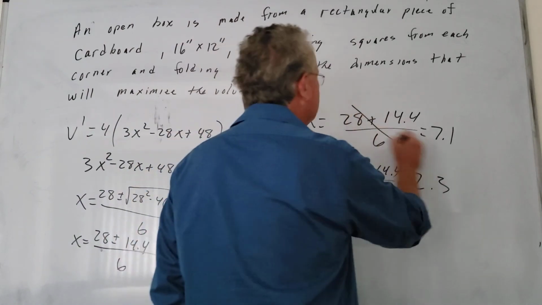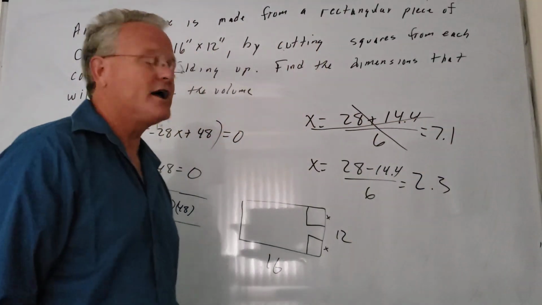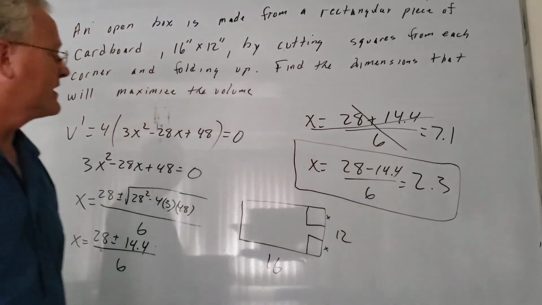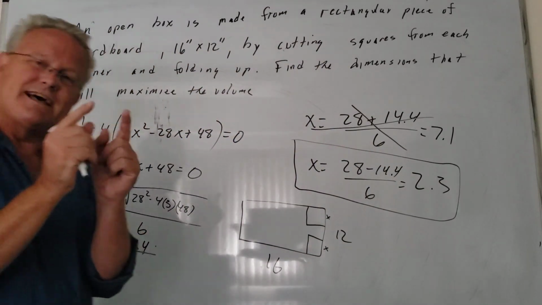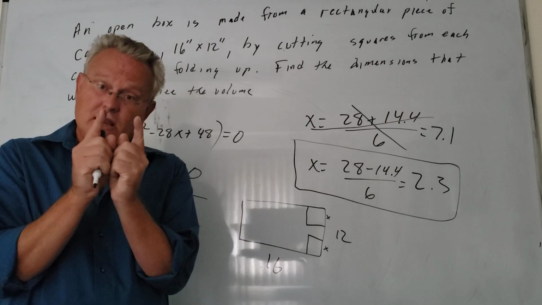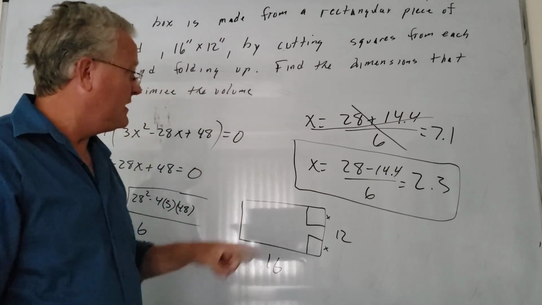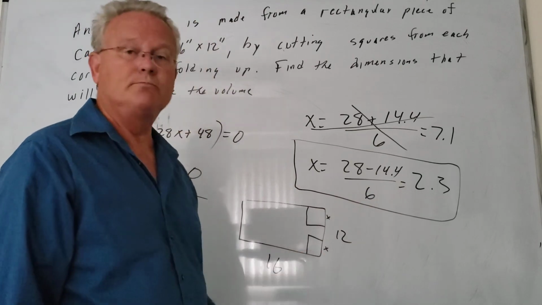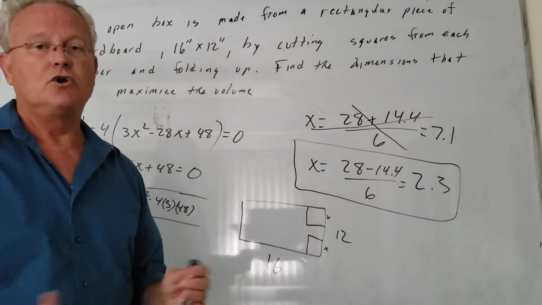So this one can be thrown away, and the answer has to be this. So the size of the little corner that you want to cut out in each corner is 2.3 by 2.3, at least rounded to 1 decimal.